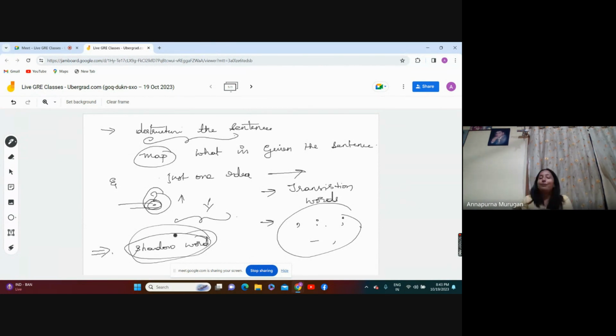You have the shadow word. Now, from the options, you pick up the word that is a synonym to your shadow word. And this will help. If you have the shadow word, it will also help you to recognize what word you need to pick here.